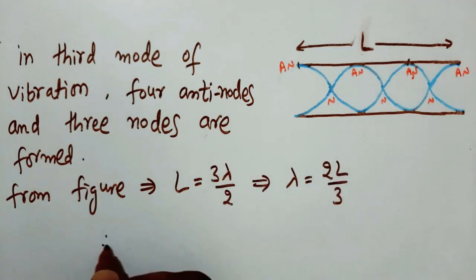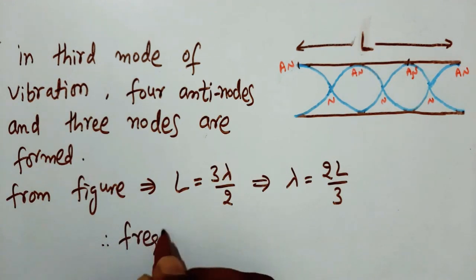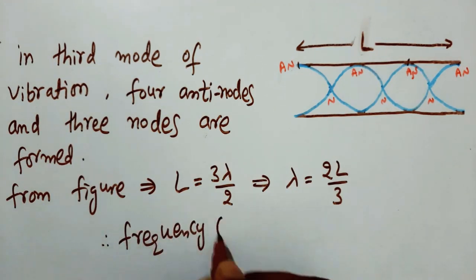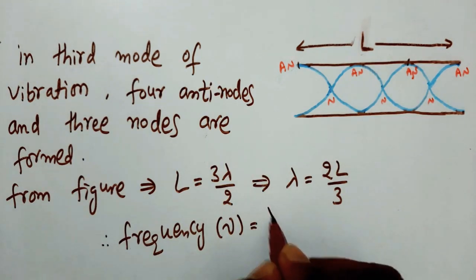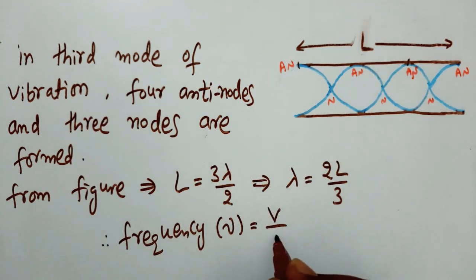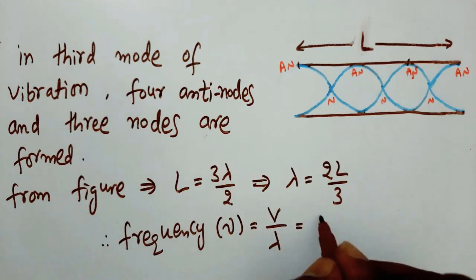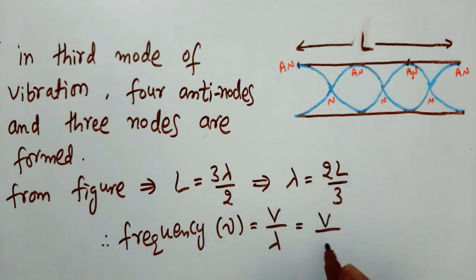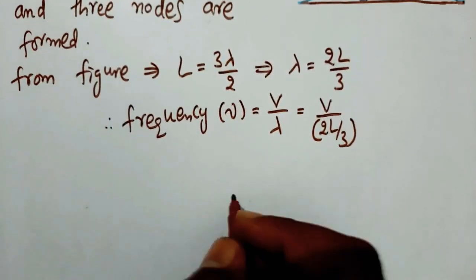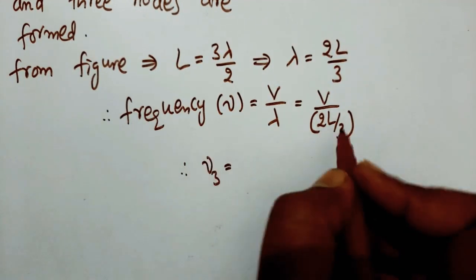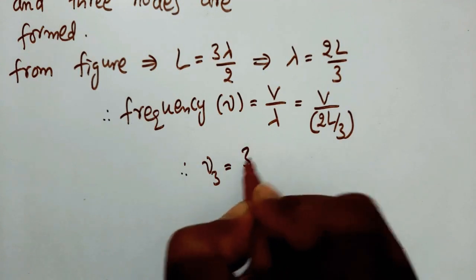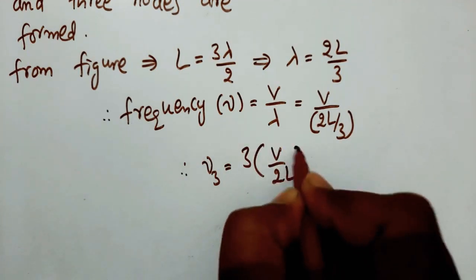We know frequency nu is equal to velocity by wavelength, V by lambda. That is V by, here lambda is equal to how much? 2L by 3. So from this, frequency nu3 is equal to, how we can write? It is 3 into V by 2L.